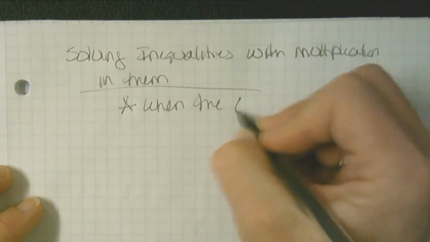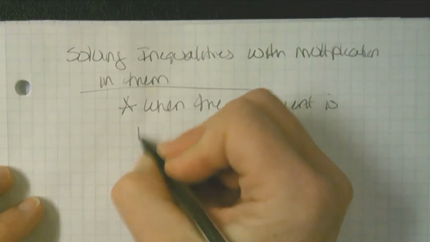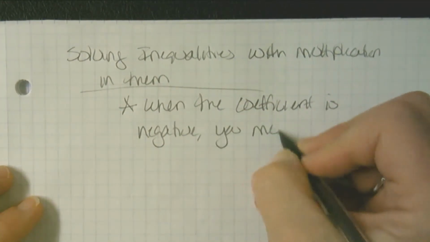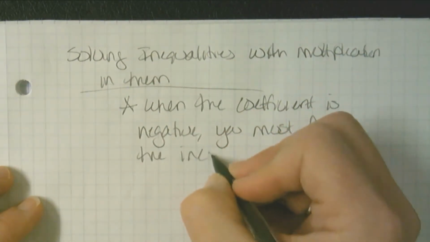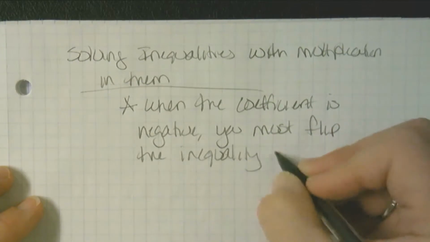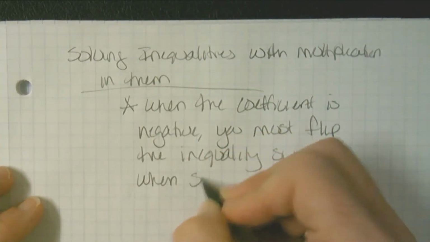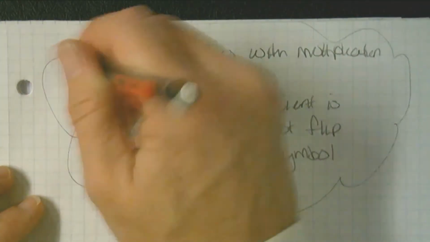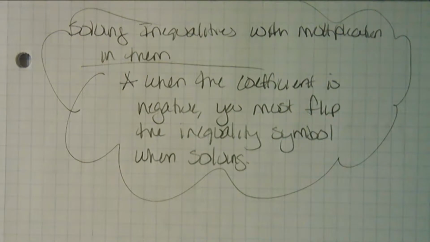When the coefficient is negative, you must flip the inequality symbol when solving. That's the big change. When the coefficient is negative, you must flip the inequality symbol when solving.